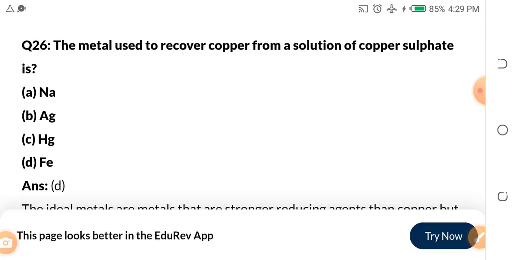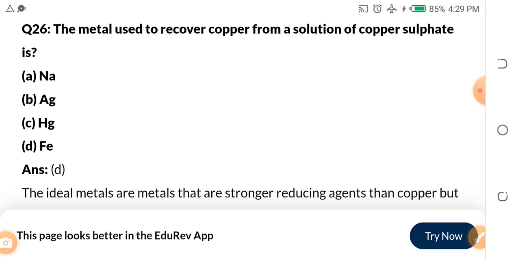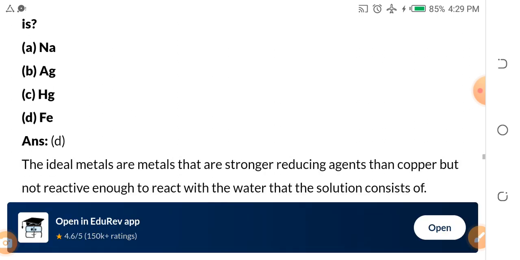The metal used to recover copper from a solution of copper sulfate is dash. The metal used to recover copper from a solution of copper sulfate is dash.